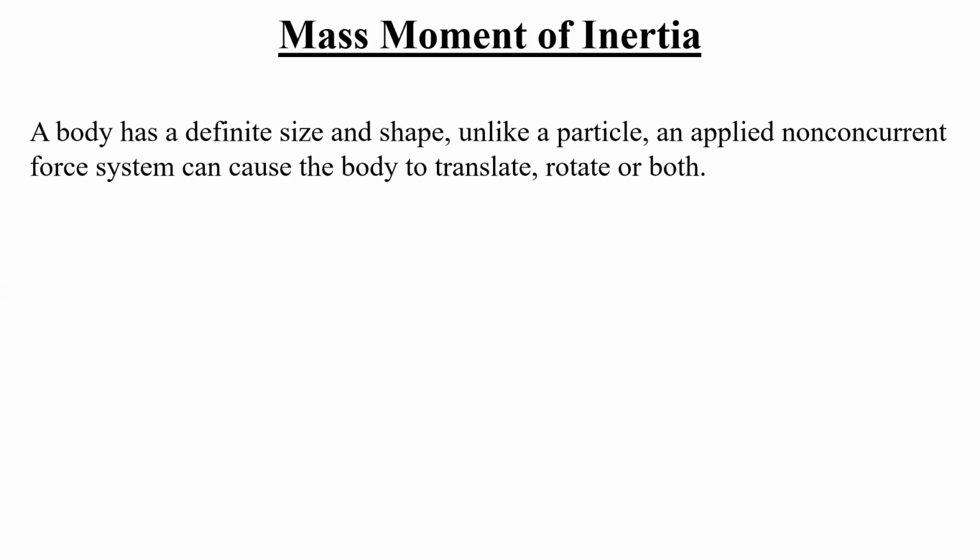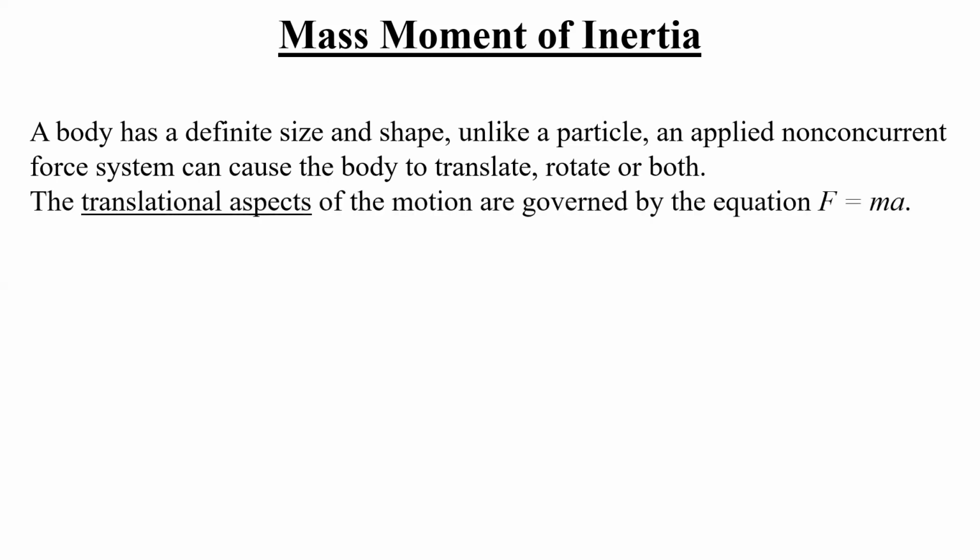An object will be stationary if the net force acting on it is zero. But if the net force is not zero, the object will either translate or rotate, and the translation will be in the direction of the force.